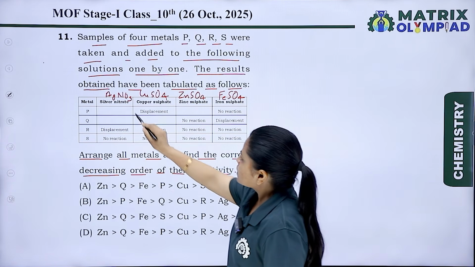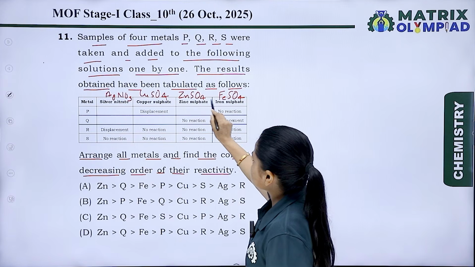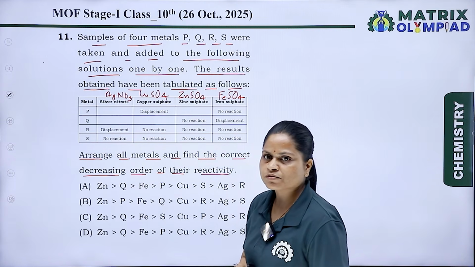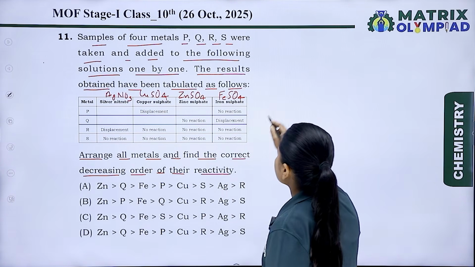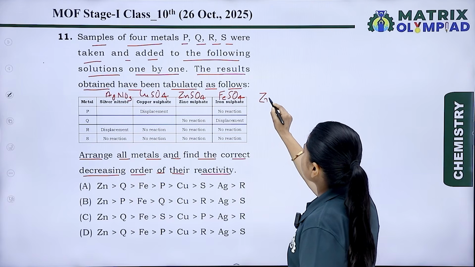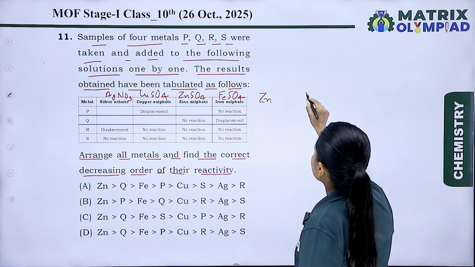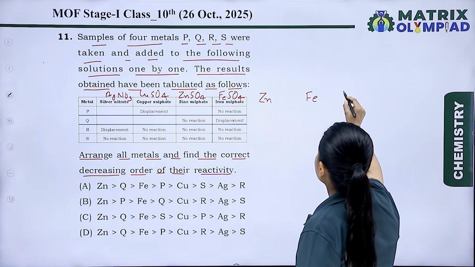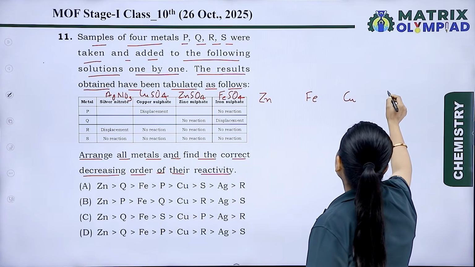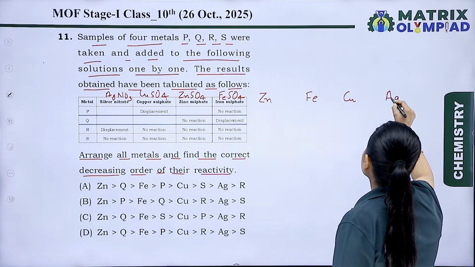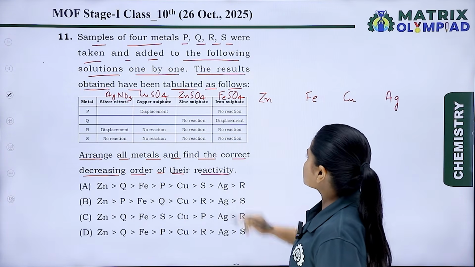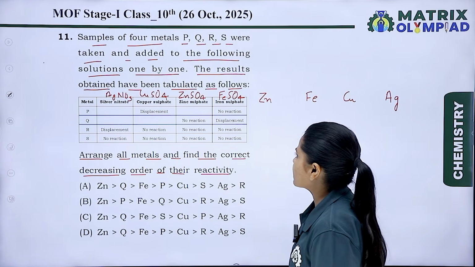If we arrange the metals present in these salts, then the most reactive metal is zinc, after this iron, then copper, and at last silver. This is the decreasing order of the metals.